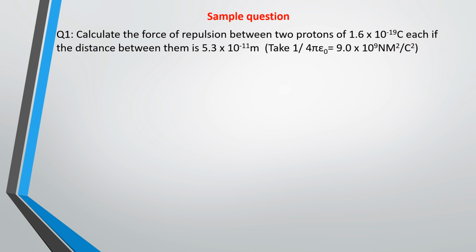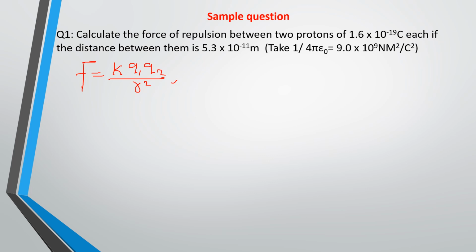We had that the force of attraction or repulsion between the two point charges equals K Q1 Q2 all over r squared. Since they said it is two protons, the charges are equal.